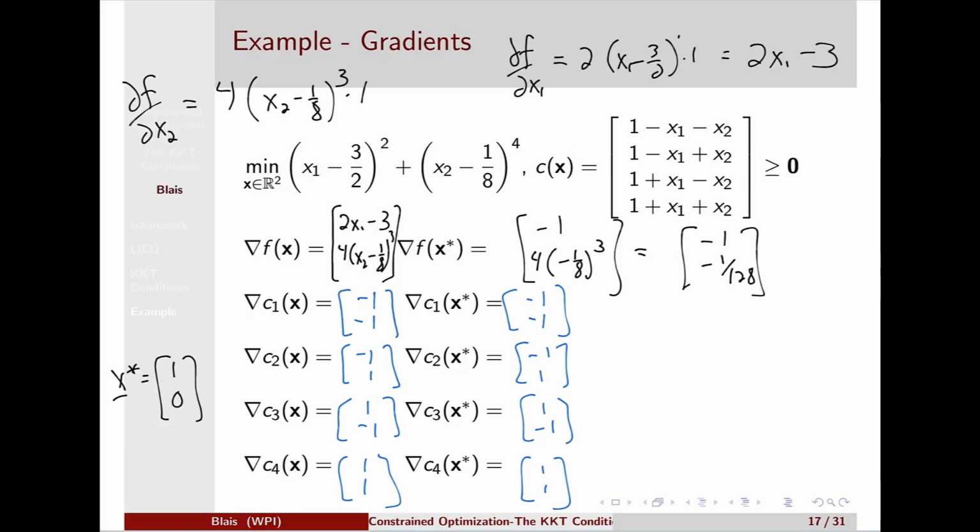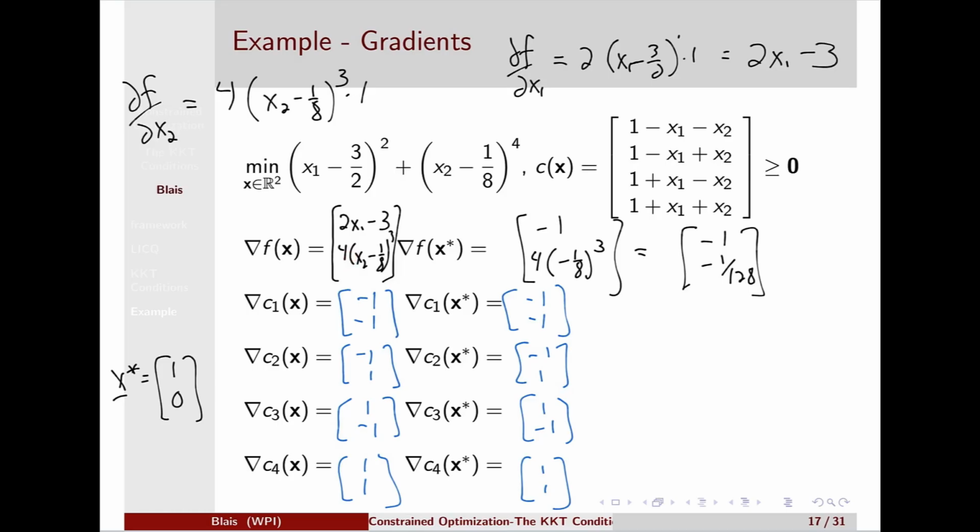So what we've done here is we've taken the partial derivative of f with respect to x1, and we get 2x1 minus 3. And we take the partial derivative of f with respect to x2, and we get 4 times the quantity x2 minus an eighth, cubed. Those two give us the components of our gradient of f.